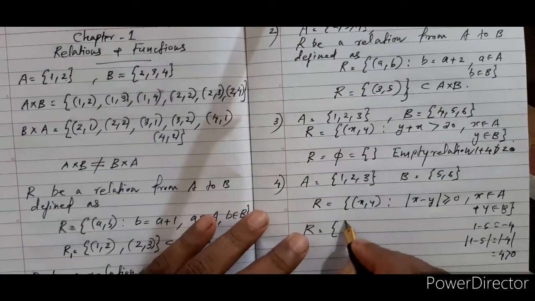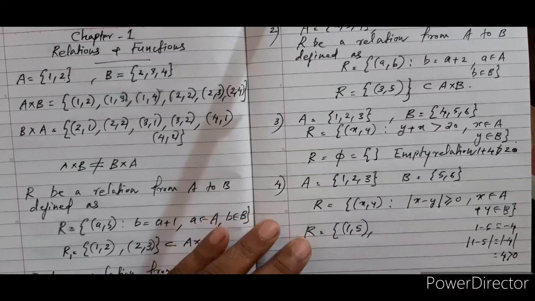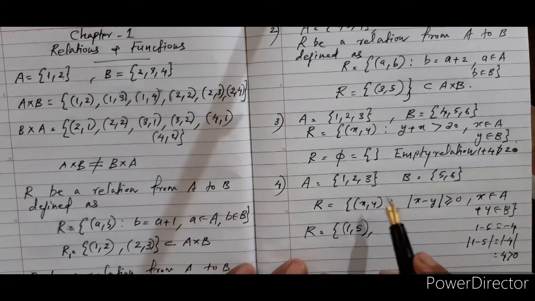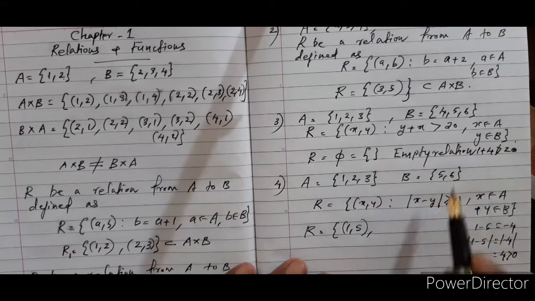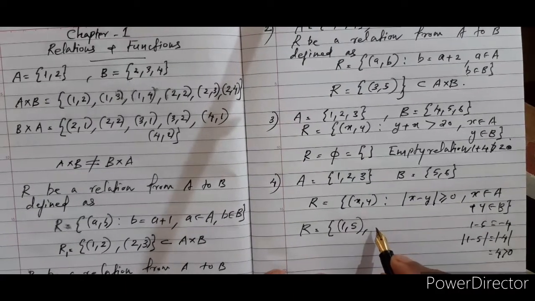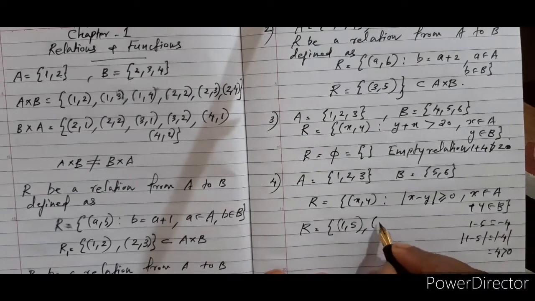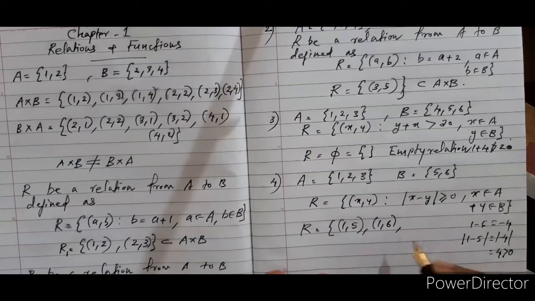That means 1 is related to 5. Same way you can check other elements also. What about (1, 6)? 1 minus 6 is minus 5, but its modulus is 5 and 5 is greater than or equal to 0. So 1 is related to 6 also.